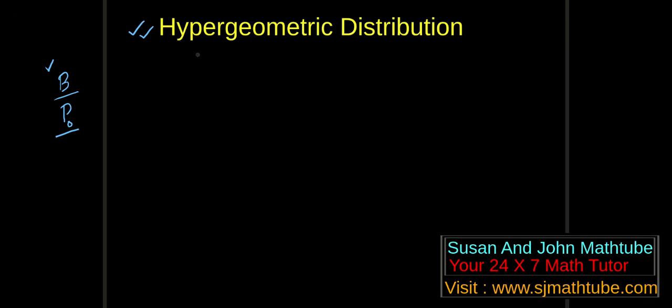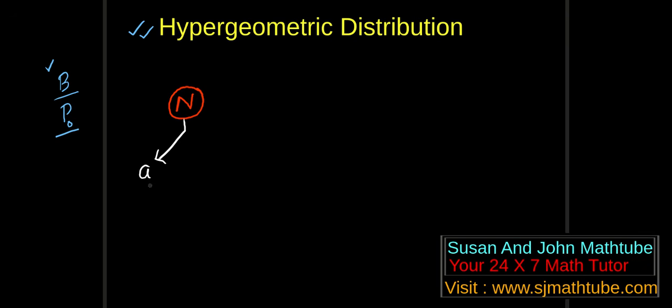And as always, let's start with the conditions to apply hypergeometric distribution. Just assume that you have a lot of n items. That is, you have a collection of capital N number of items. Now just imagine out of this N, A are special items.